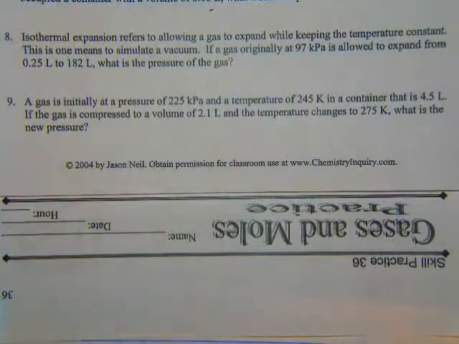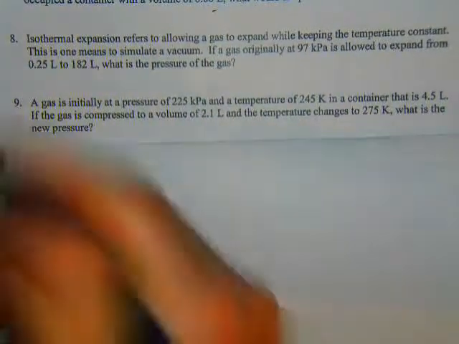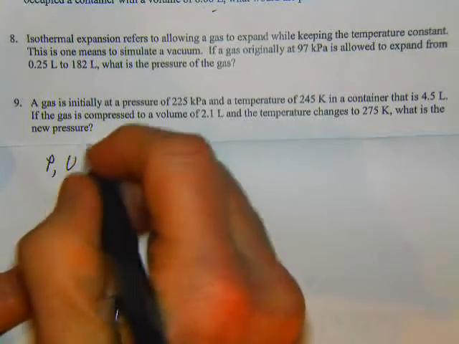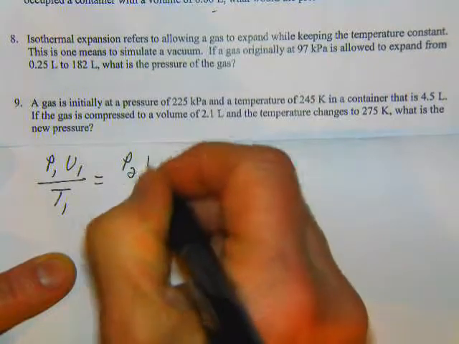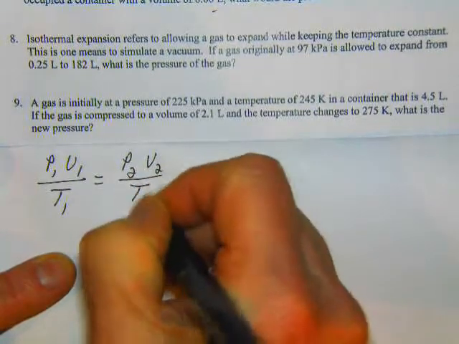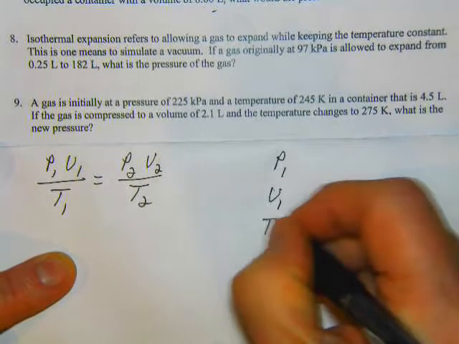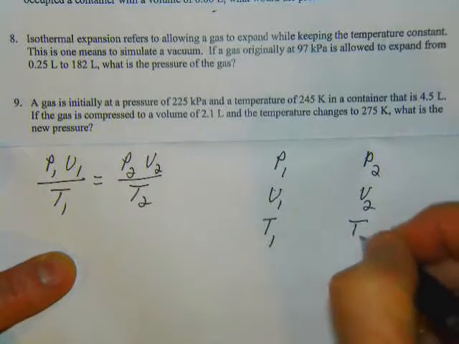All right, let's look at the last one, number 9. Again, P1 V1 over T1 equals P2 V2 over T2. So P1 V1 T1, P2 V2, and T2.